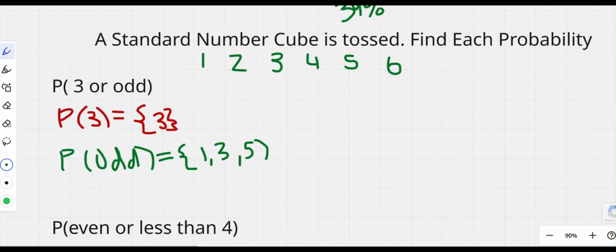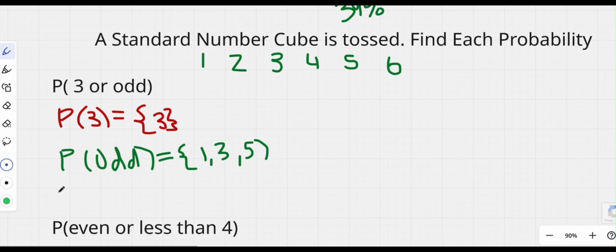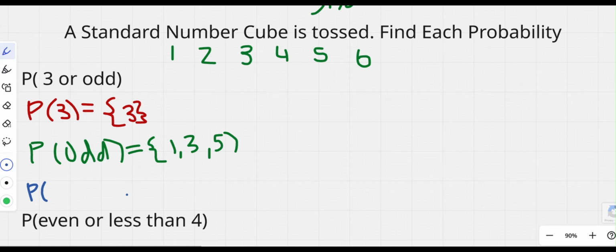Now, for P of 3 intersection odd, let's make the 3 red and the word odd green.